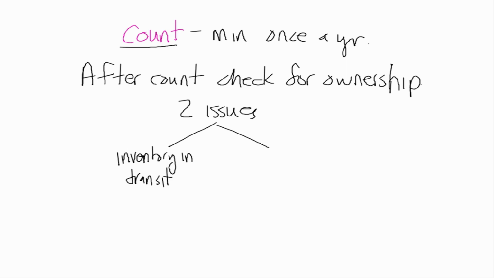Right? Who owns the inventory? And then the next one is consignment. Absolutely. So, two issues here. Inventory in transit may belong to the company. That depends on its shipping terms.